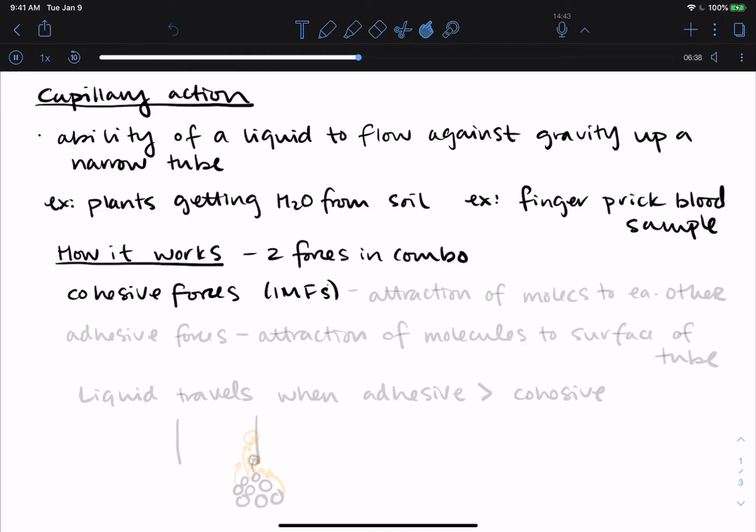These are the forces that hold the molecules together. So this is the attraction of molecules to each other. But there's also adhesive forces. And this is the attraction of molecules to the surface of the tube.